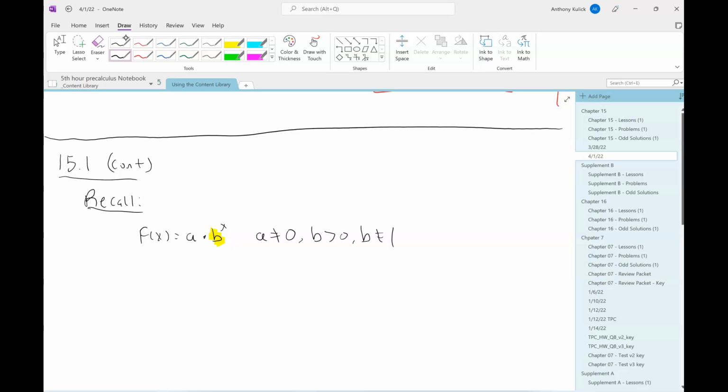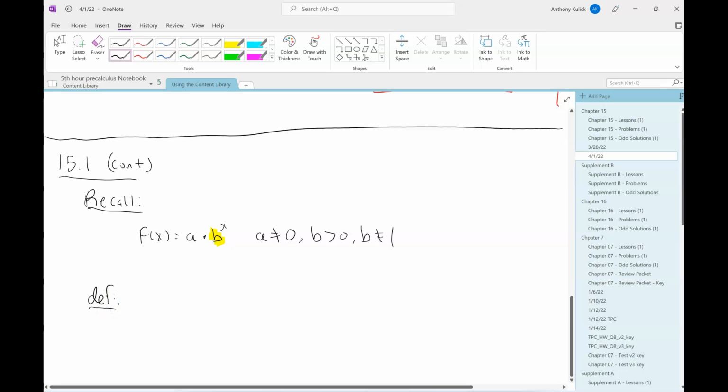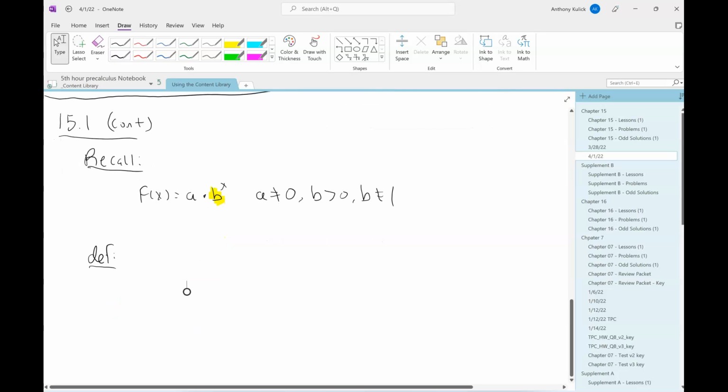So what we're going to want to do today is find a different form for these exponential functions where the base is always going to be the same number. So the question becomes which number to use. And the number we've decided on is this one.